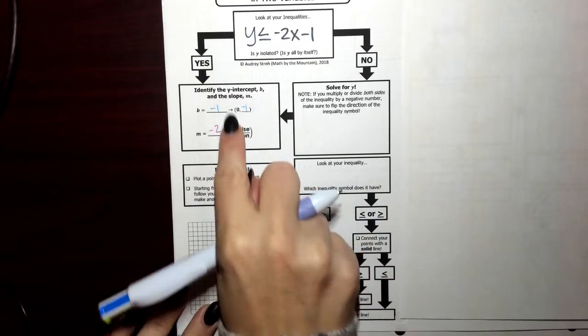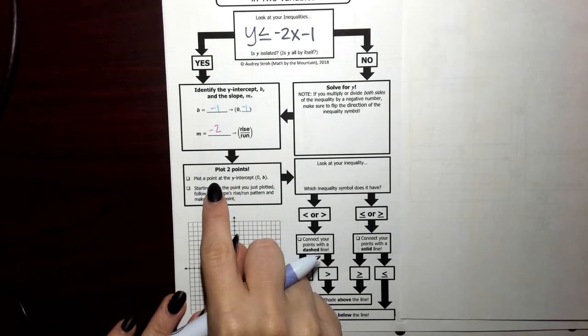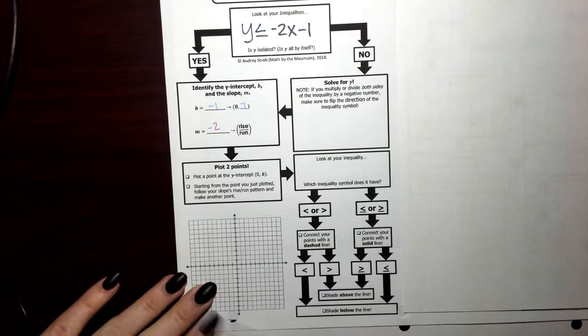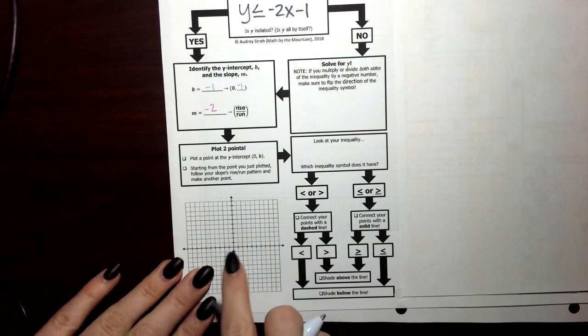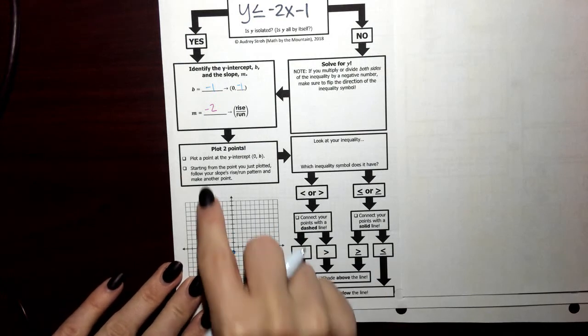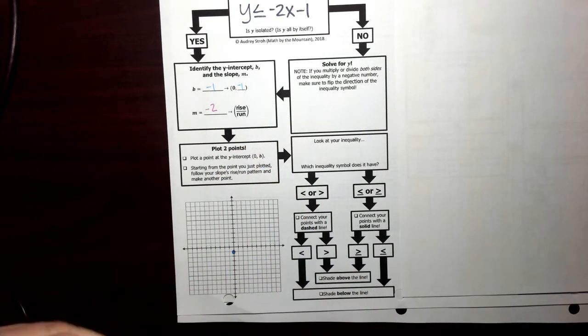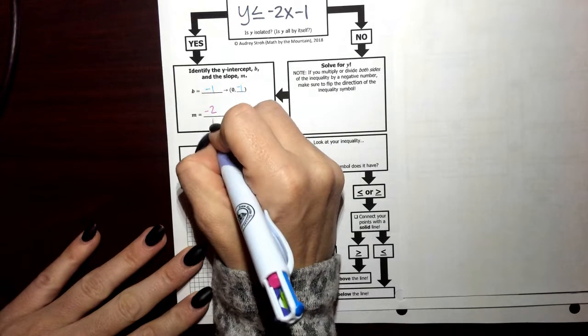Okay, so following my arrows, we want to plot 2 points. So first we want to plot our y-intercept at (0, negative 1). So I'm coming to the y-axis and going down to negative 1 and plotting that point. And then starting from that point, we're going to do our slope. Remember, a whole number is anything over 1.